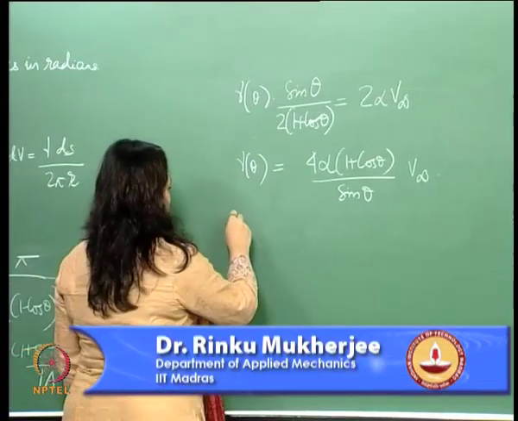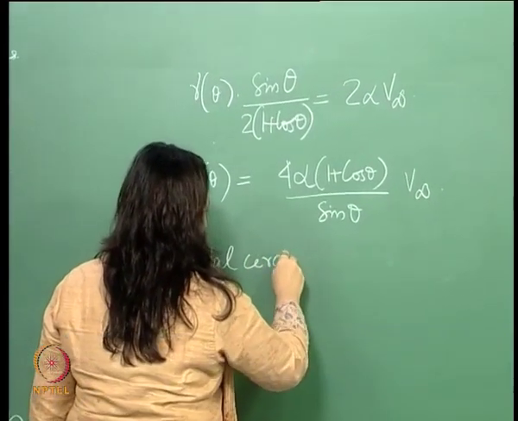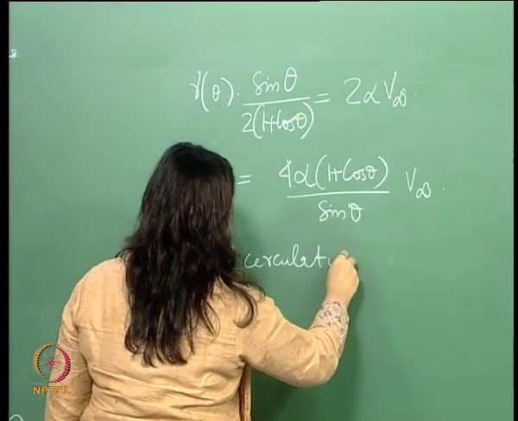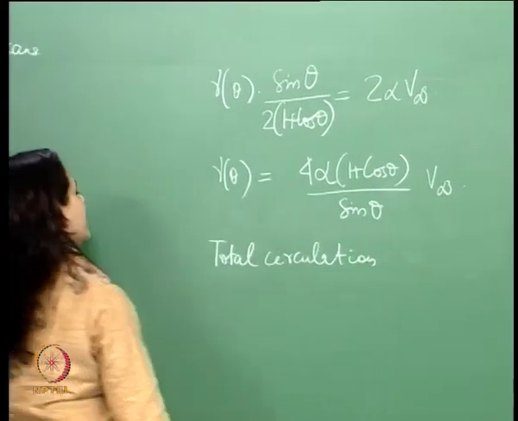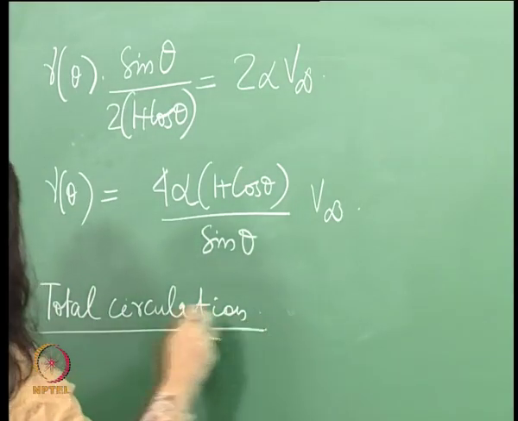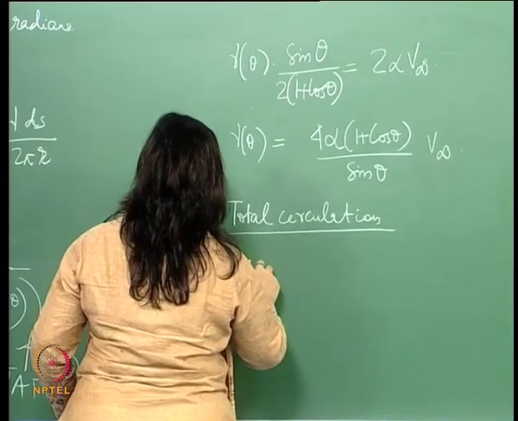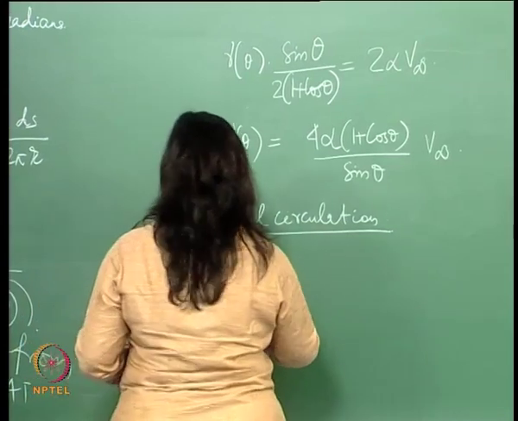So, therefore, when we calculate the total circulation, then we will be able to calculate the total lift and total drag. So, the total circulation is essentially gamma.